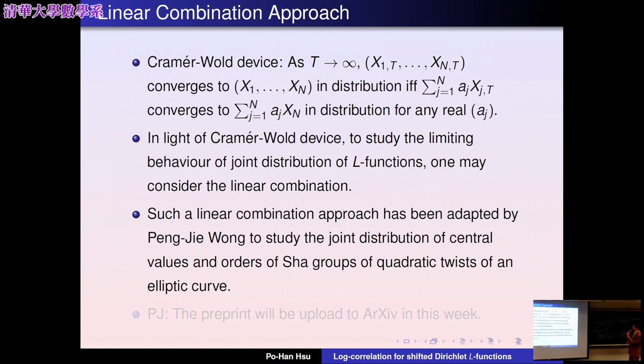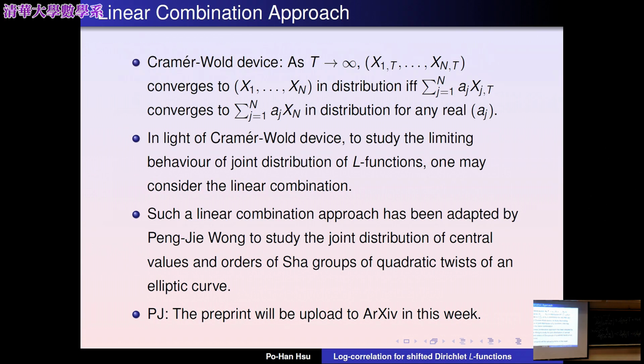He recently has an article considering this, on the central value or an order of the Sha group of quadratic twists of elliptic curves. This is a work he's preparing, and he will upload it to arXiv this week. So if anyone is interested, email him. Okay, I'm here to do the commercial.